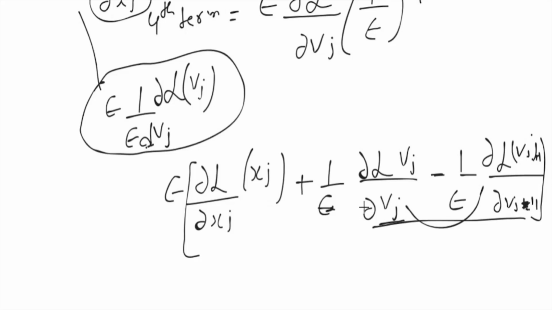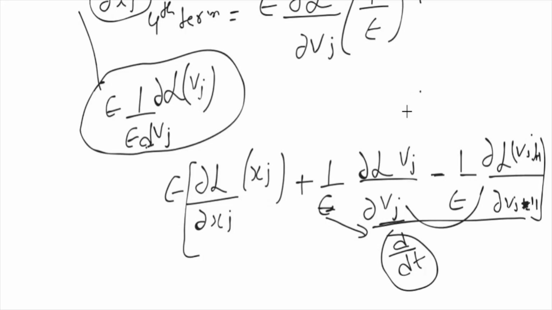Derivative with respect to what? This is derivative with respect to time, and we can replace this epsilon as d by dt derivative.